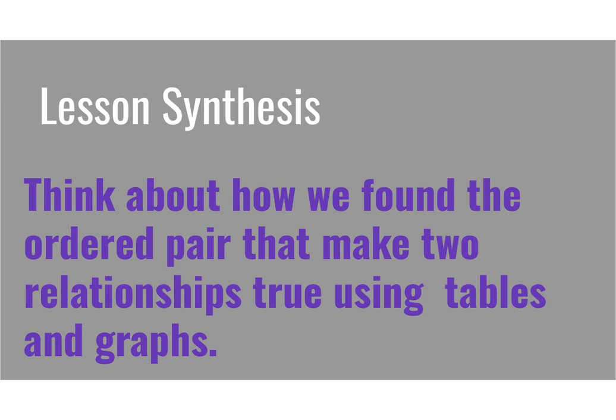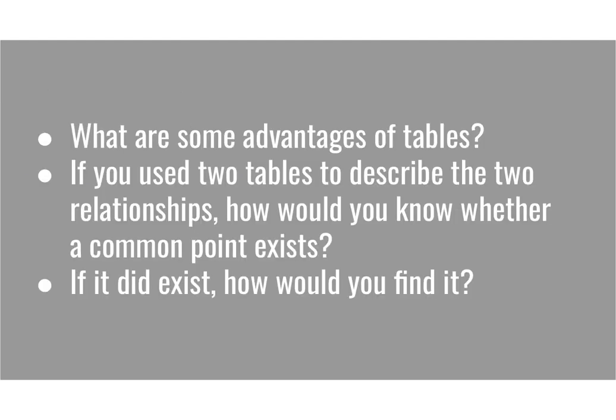What about with our tables? Okay, let's dig a little deeper here. We're looking at where the X and the Y values are the same in both situations. What are some advantages of tables? So if you use two tables to describe two relationships, how would you know whether a common point exists? Okay. Tables are good for knowing the exact values for individual points.